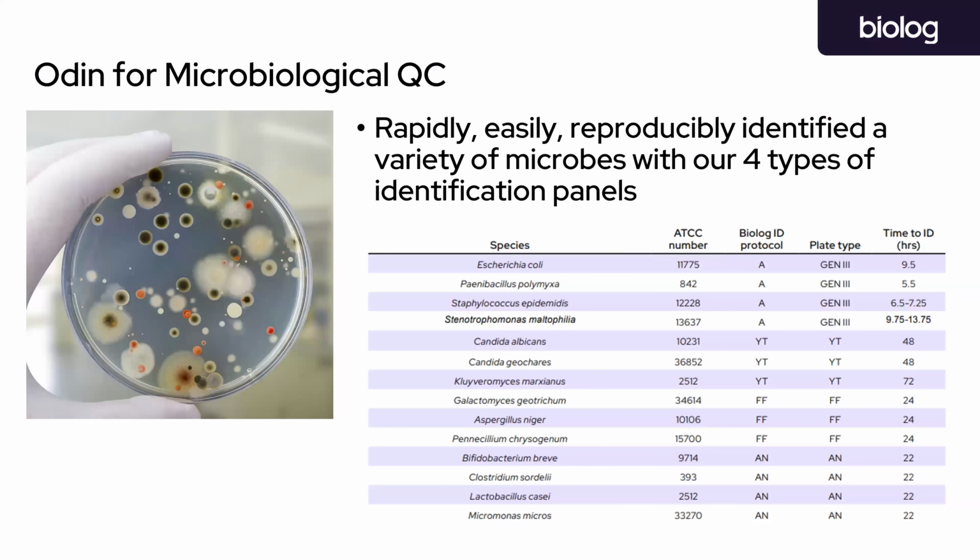And so for some of this proof of concept work, we took our four different types of ID plates and we ran them with a selection of different microbes here. And using Odin, we were able to identify this range of species just as we would expect. This has been around for a while at Biolog, and so we're just kind of showing that Odin can do this ID just as well.